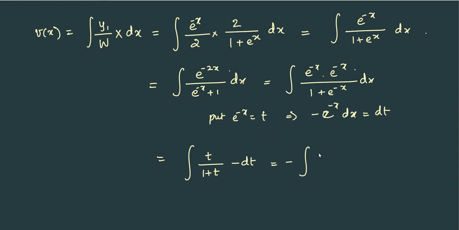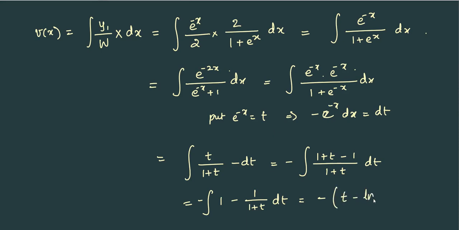So minus of 1 plus t minus 1 by 1 plus t, 1 minus 1 by 1 plus t dt. So we get minus of t minus log of 1 plus t.